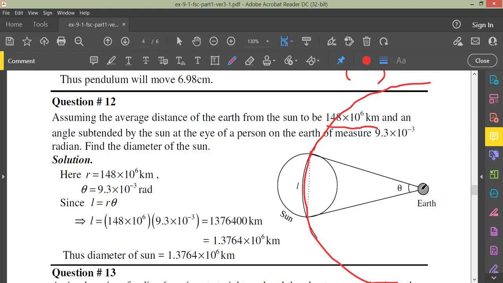So the distance from Earth to Sun will be equal to r, and the angle subtended by the Sun at the eye of a person on the Earth. Simply, a person is standing here and looking at this point. There is a person.